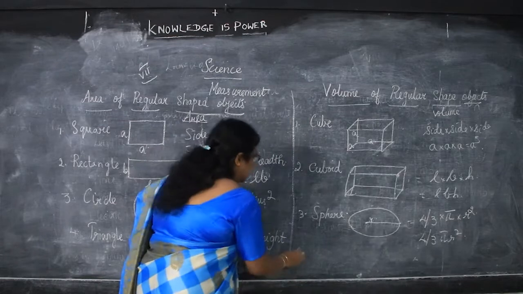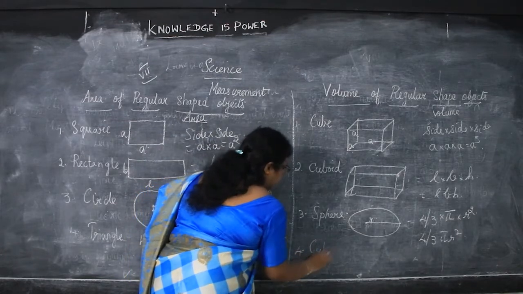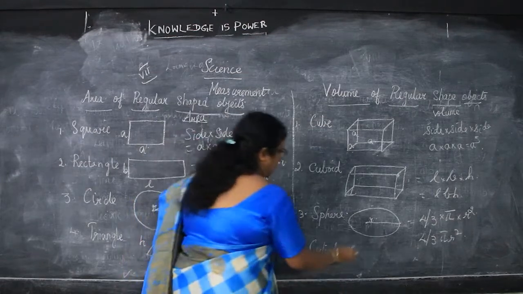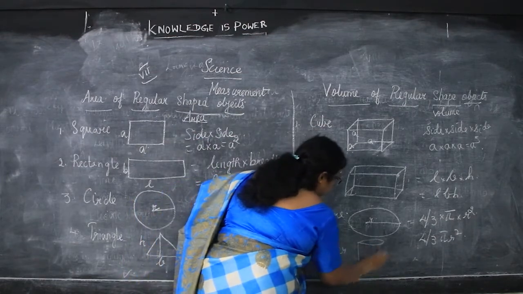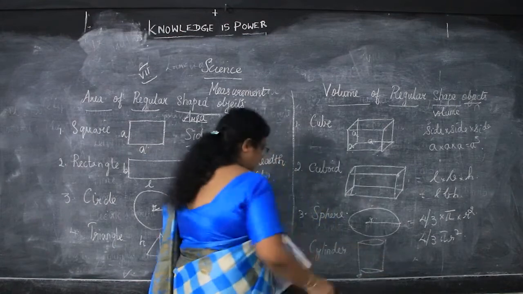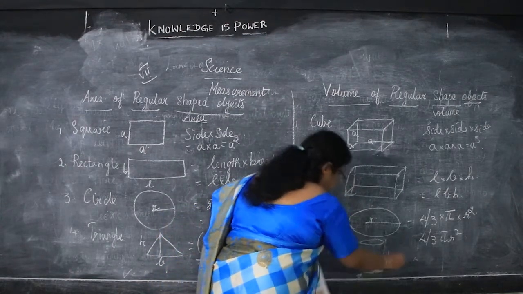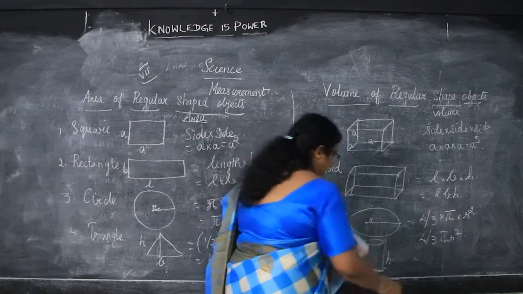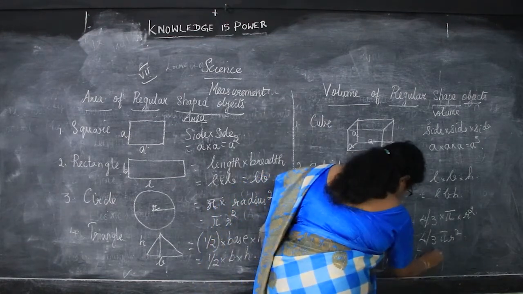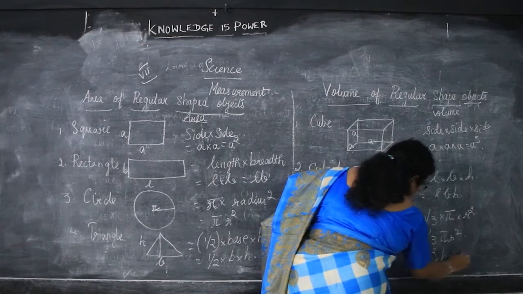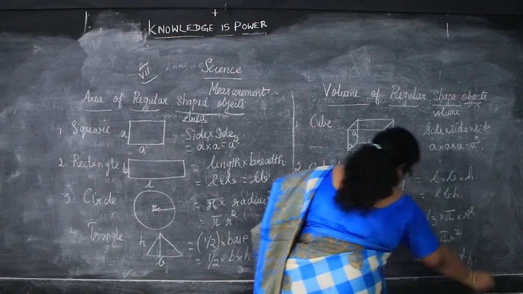The next is cylinder. So, this is a cylinder, this is the radius and this is the height. For this, the volume is pi r squared into h, that is pi r squared h.